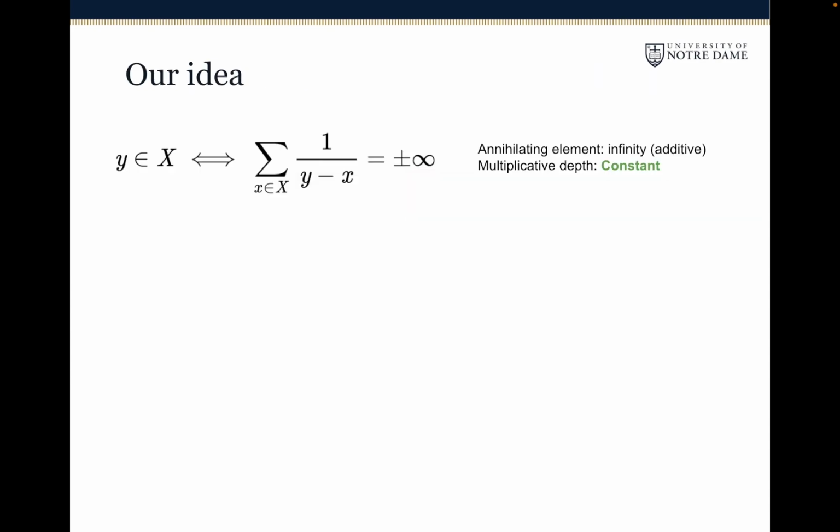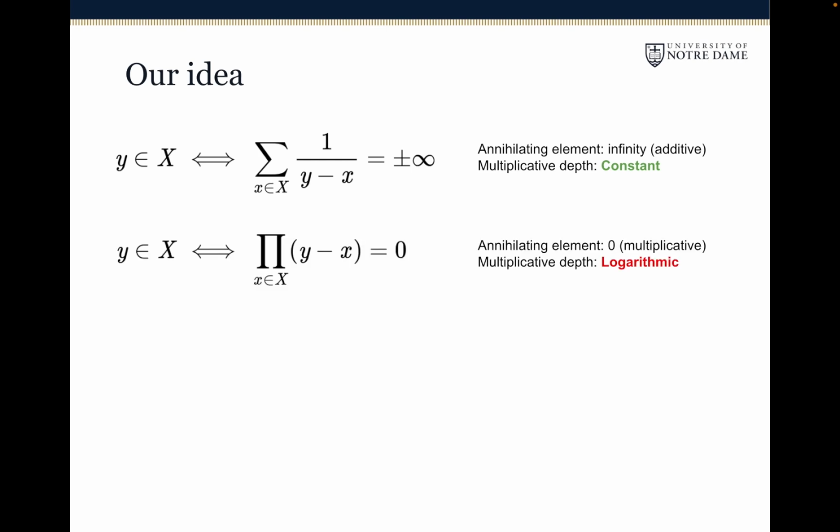Our idea is basically to compute a different polynomial where we are able to summate the results from different senders so that we get infinity when there is an intersection, and we keep the multiplicative depth constant even when the number of senders is increasing.